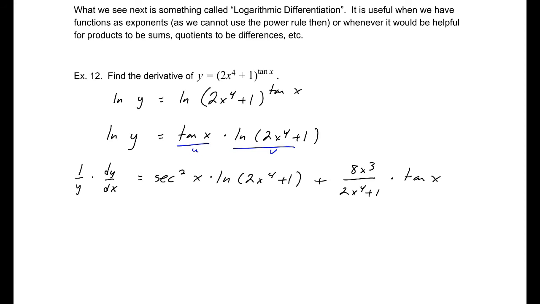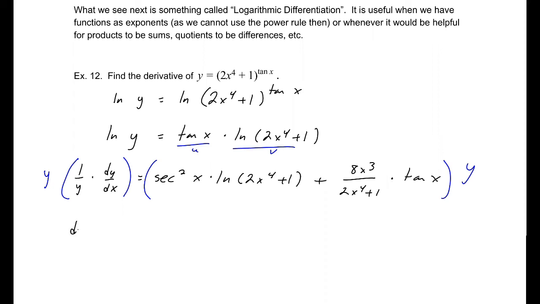Now, the last step, we want dy/dx, so we are going to multiply both sides of this equation by y. Now, if you recall, y is actually (2x^4 + 1) to the tangent x.